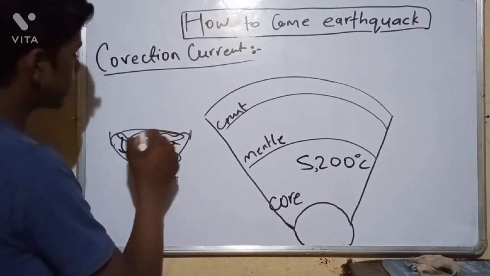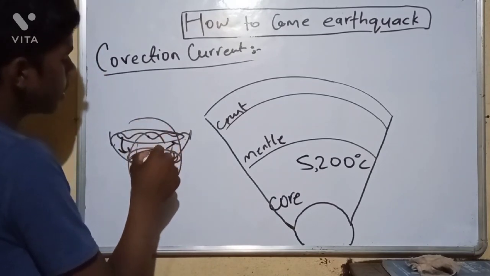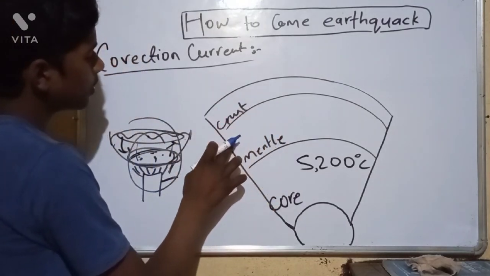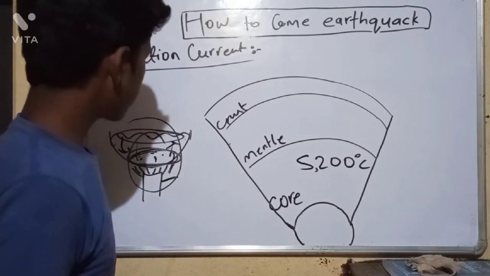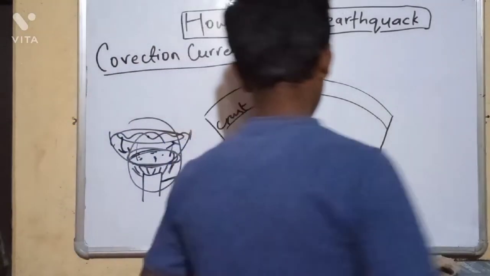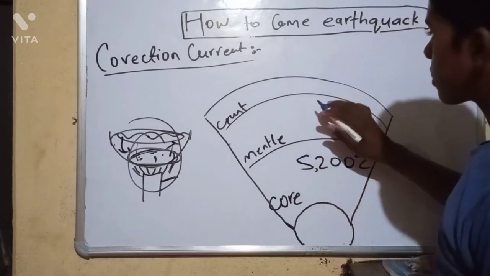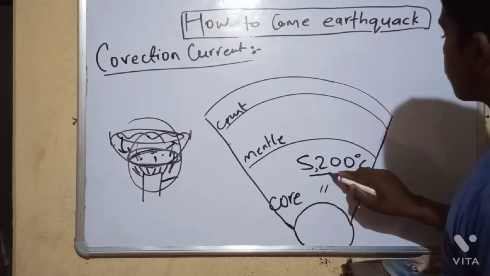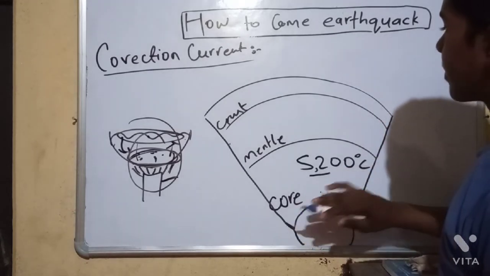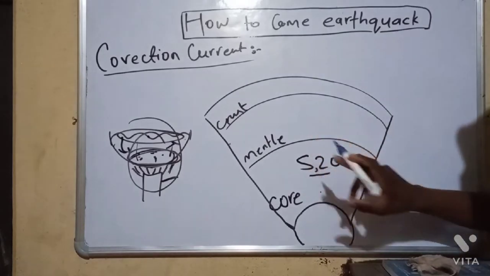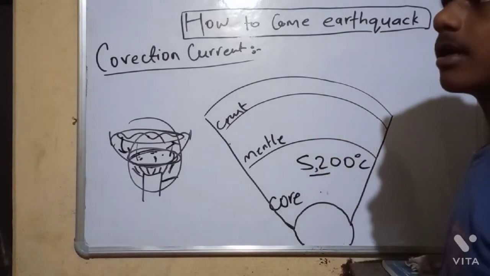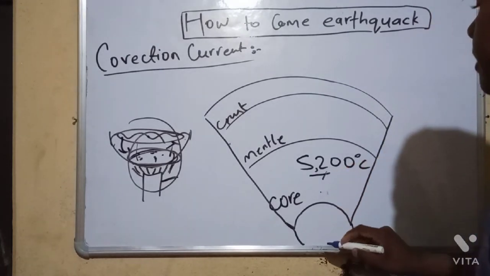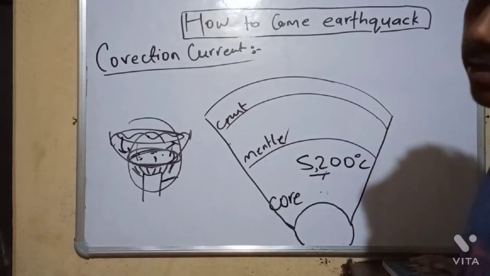Now this cycle actually works the same way in an earthquake. So let's discuss what happens in an earthquake. Our earth's core has a 5200 degrees Celsius temperature, and our mantle consists of magnesium, aluminum, oxygen, etc. Due to the high temperature, the mantle starts boiling.